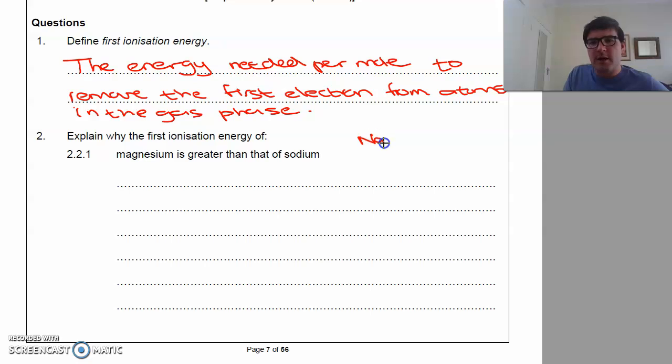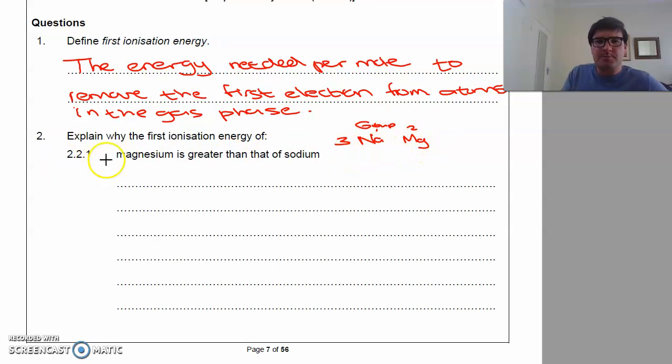Sodium is in group 1 and magnesium is next to it in group 2. So we need to compare an element in group 1 with an element in group 2, and both of them are in the third period of the periodic table. So what does it mean if they are in the same period? And what does it mean if they are in different groups?